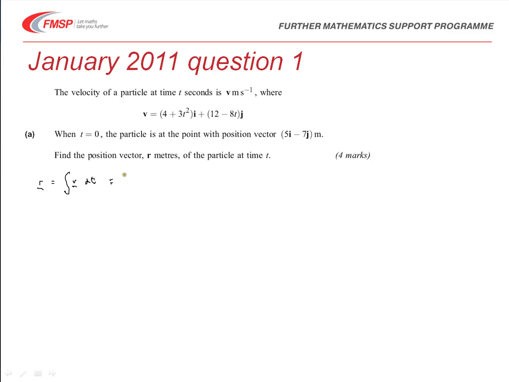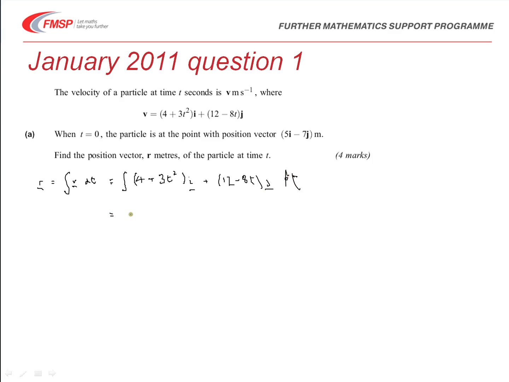So in this particular case we have to integrate 4 plus 3t squared lots of i, and then 12 minus 8t lots of j, all with respect to time.